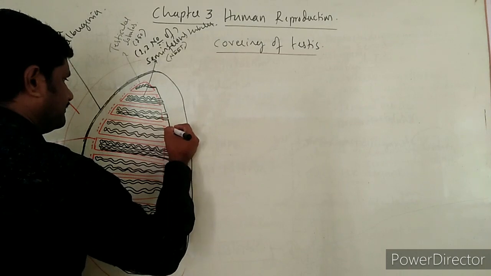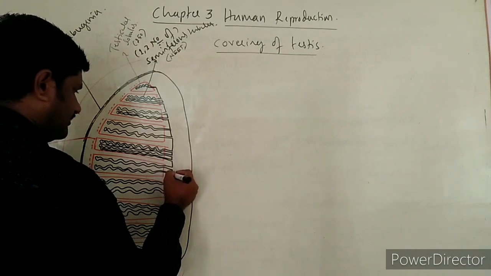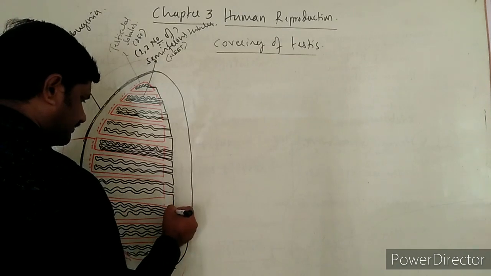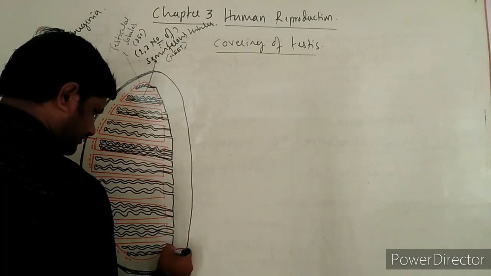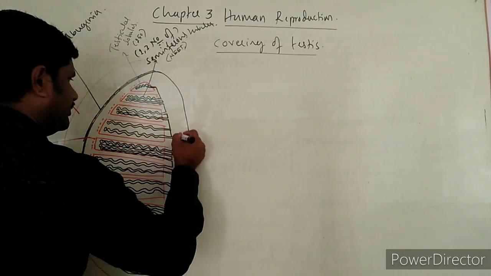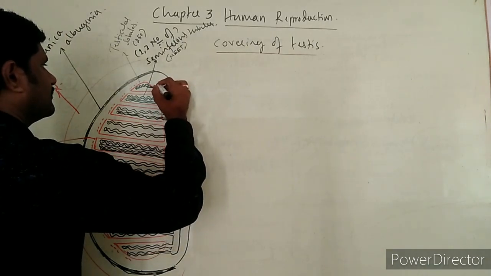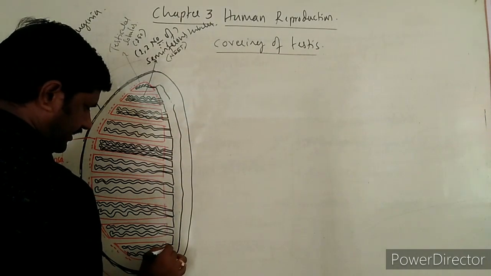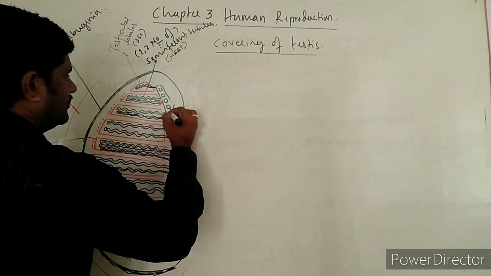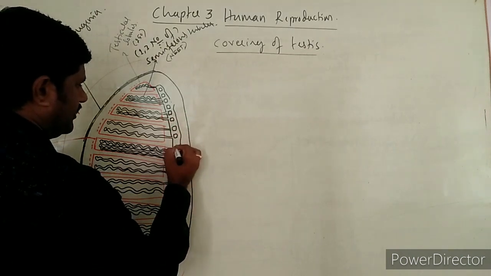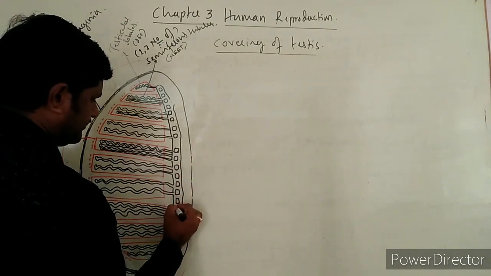These join like this, so as to form a network of tubules, it ends over here, and this makes the network of tubules, and that network of tubules itself is called rete testis. What it makes? Rete testis.